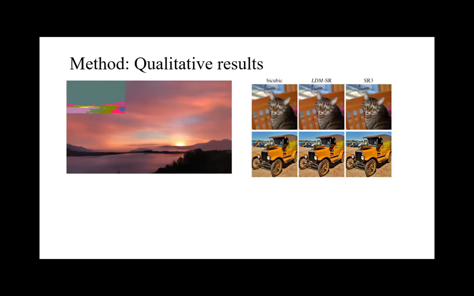But as you can see here, the LDMs produce higher details with better quality, but they fail to reconstruct some particular architectures. I don't know if you can see it here, but maybe you can check the paper. In the wheel, there is some lag or noise, but actually you can see they have much more detail compared to the other. So LDMs are able to reconstruct higher details, but fail with some particular structures.